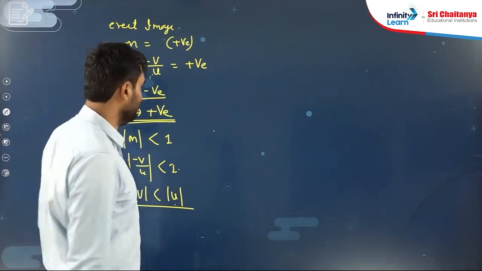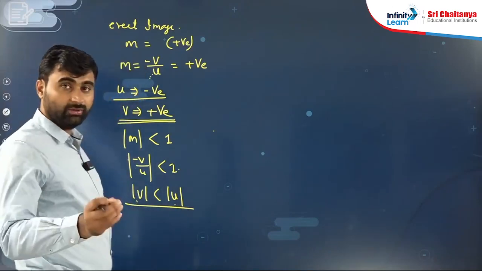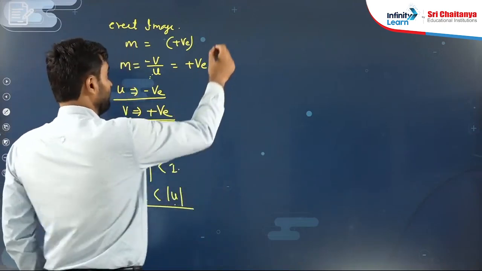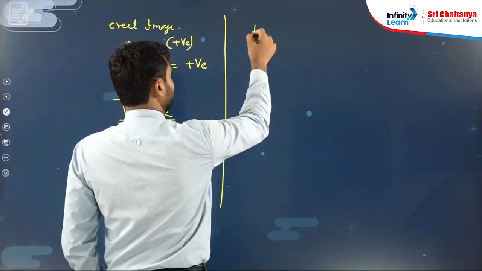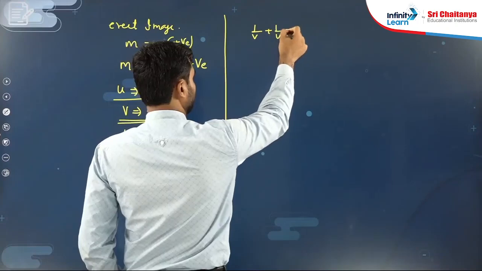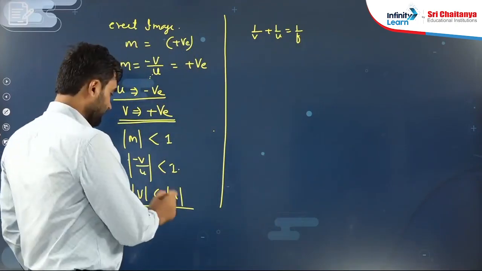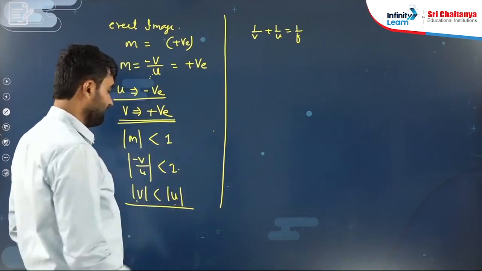Agree or not? Now use the mirror formula: 1 by v plus 1 by u equals 1 by f. This thing we know. Mod v is less than mod u.